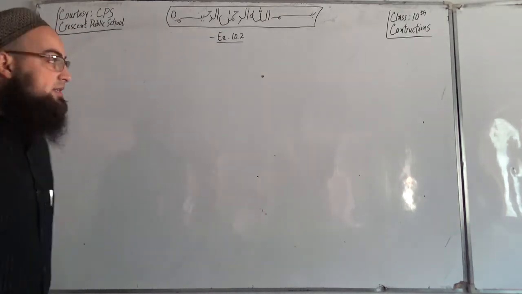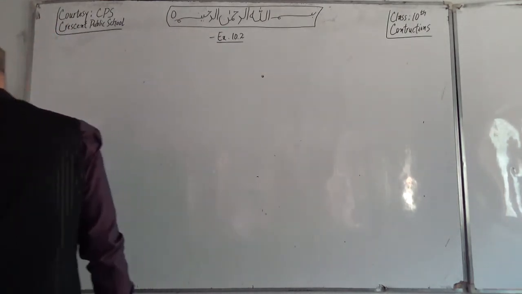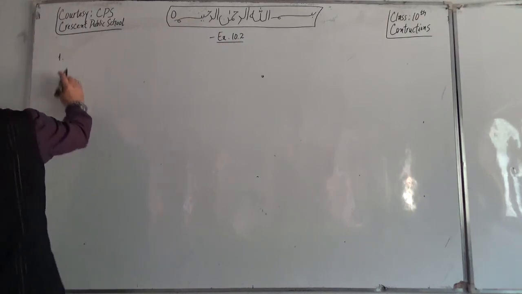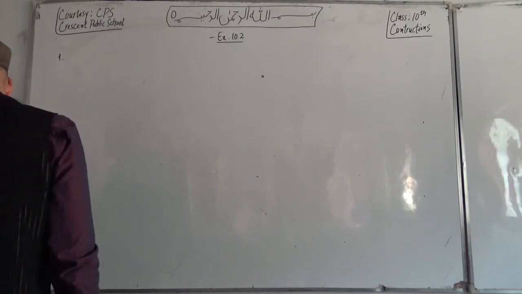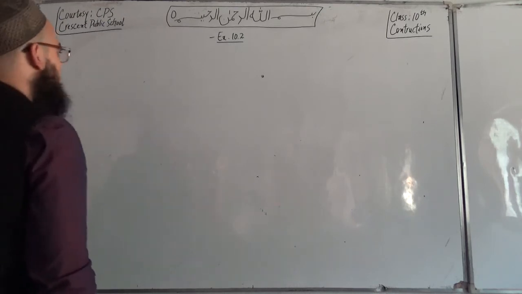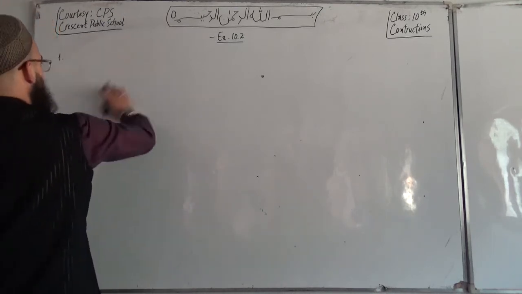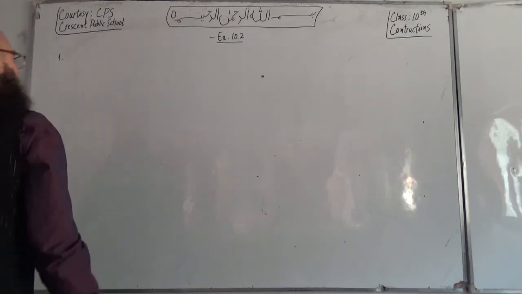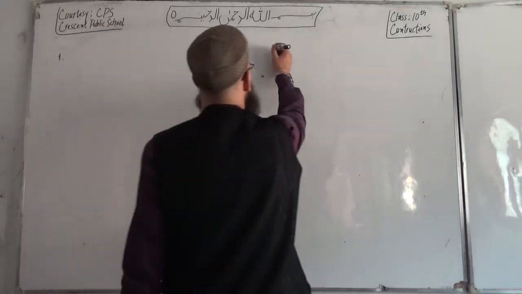Exercise 10.2. Question number 1. Question number 1 says draw a circle of radius 6 centimeter. You need to draw a circle of radius 6 centimeter. So let's have steps of construction here.